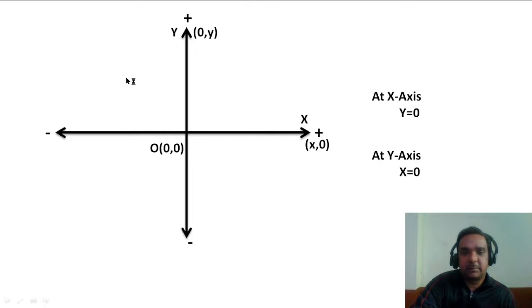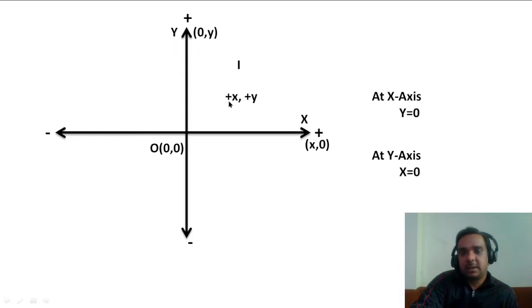Each part is known as a quadrant. From OX we move anti-clockwise to name these quadrants: first quadrant, second quadrant, third quadrant and fourth quadrant.